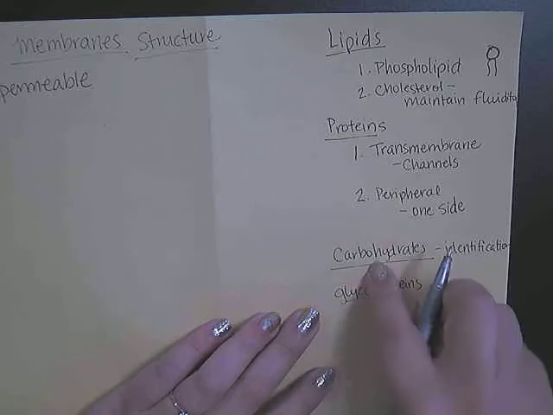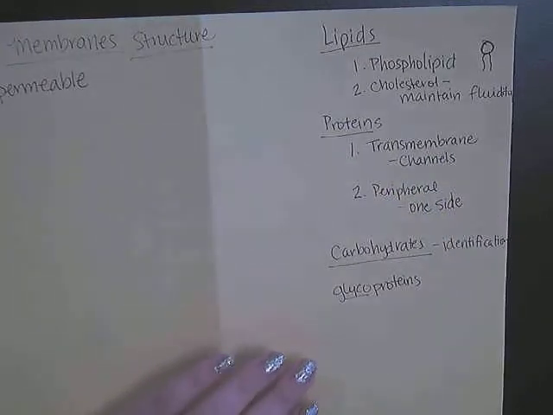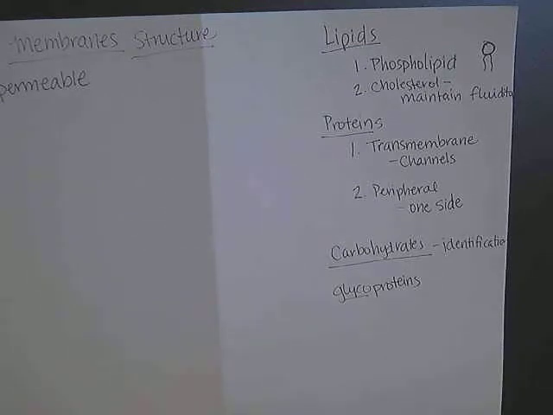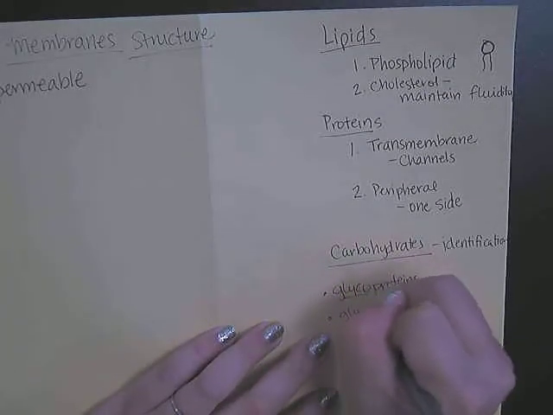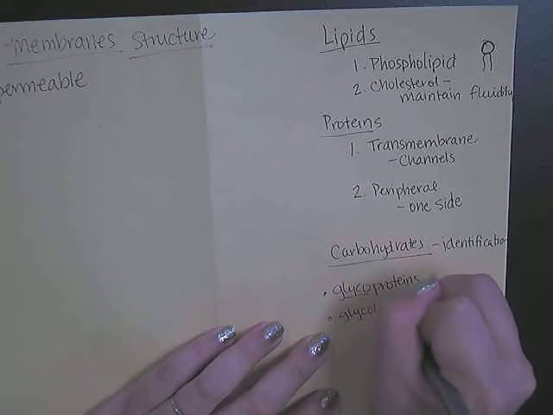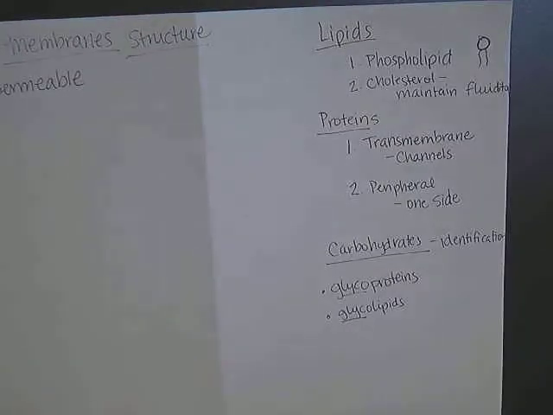So glyco comes from carbohydrate. Proteins are proteins. If it is a carbohydrate and a fat together on the plasma membrane, we call those glycolipids. So glyco, again, carbohydrates, lipids are lipids.